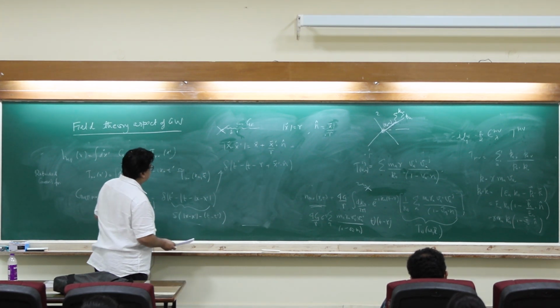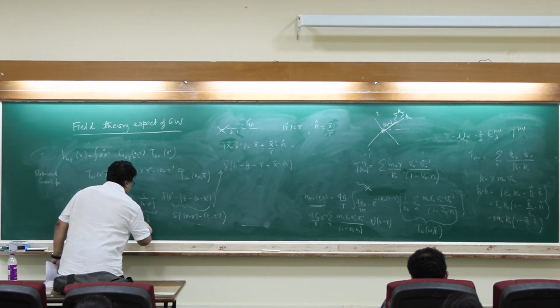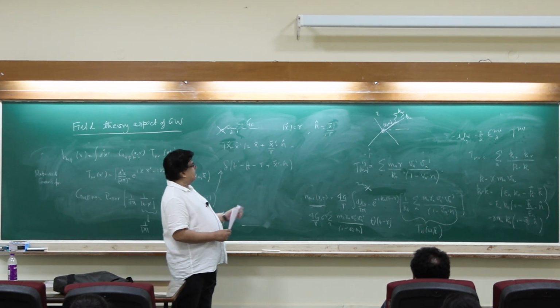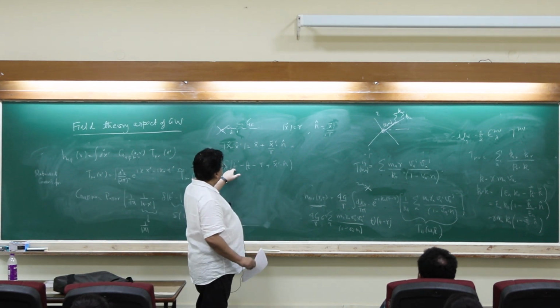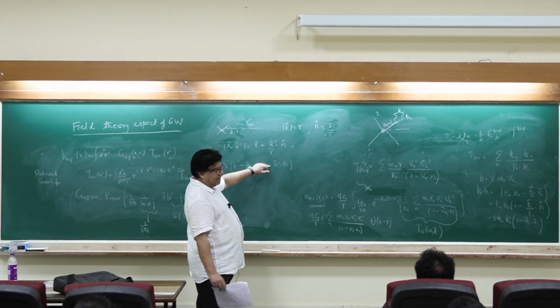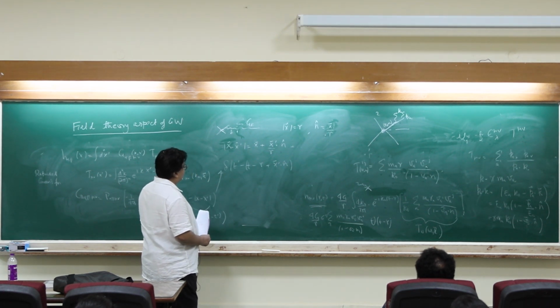And in the 1 by x prime, I insert only 1 by x. As I said, I am assuming that t prime is not small compared to x prime. That means this can be relativistic, so this is true for fast moving sources.